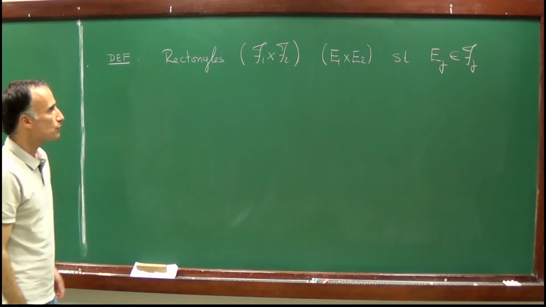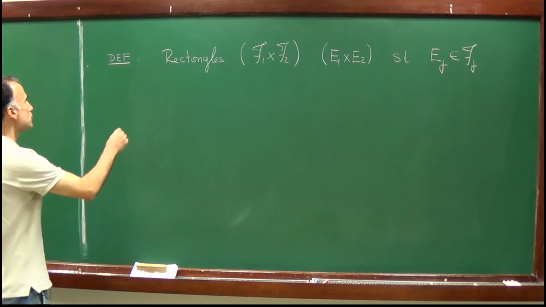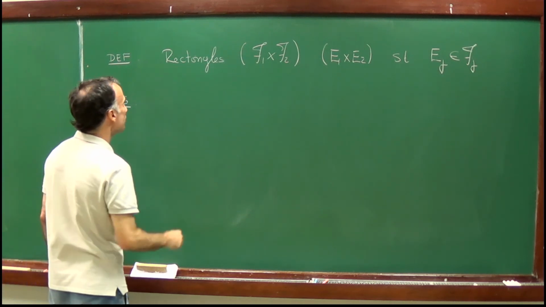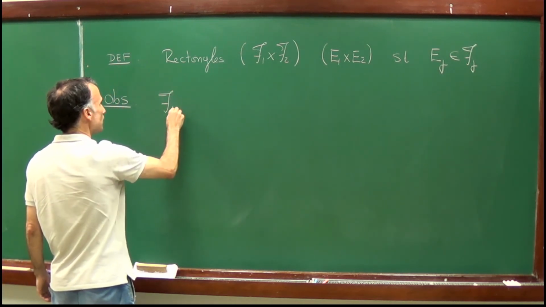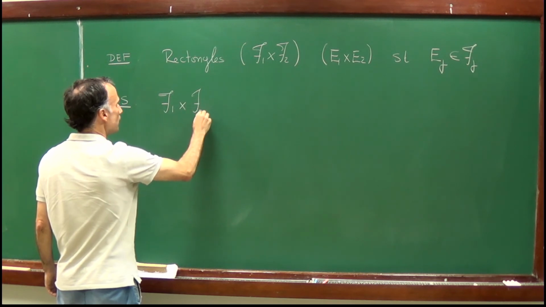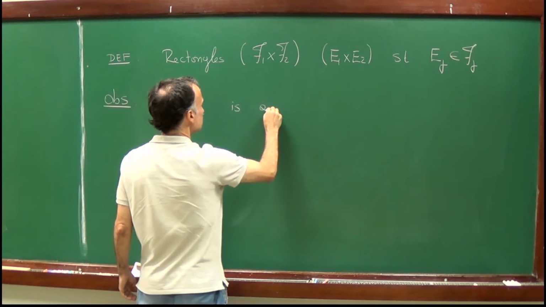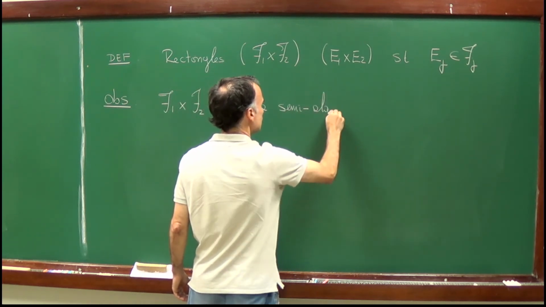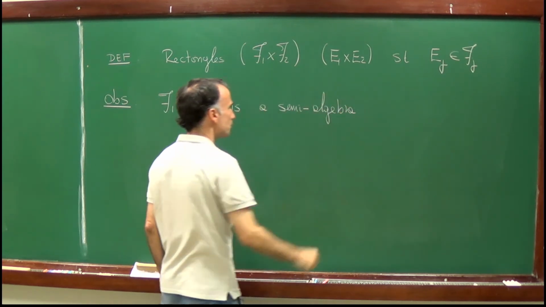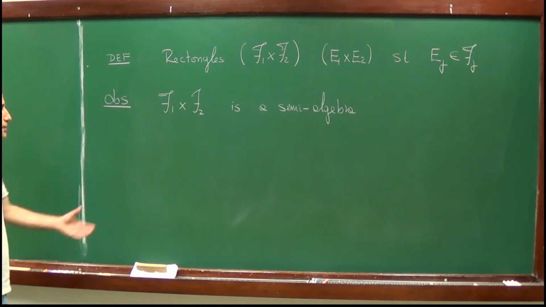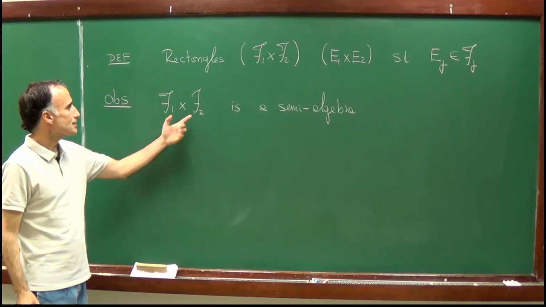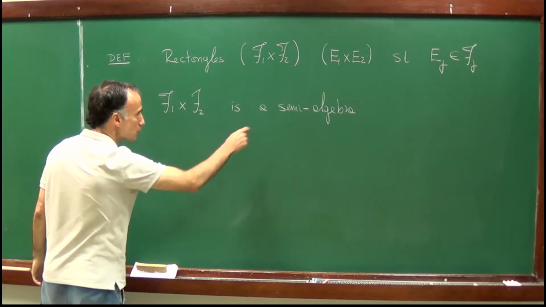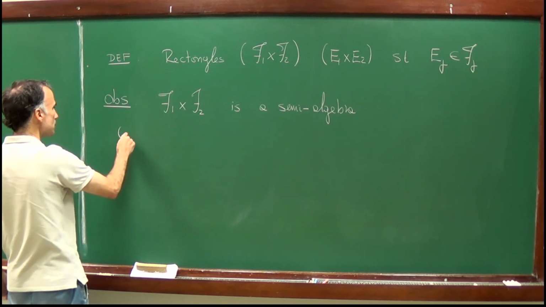So this is what I'm calling the rectangles, and the first observation is that the rectangles form a semi-algebra. So this is our starting point. This class of sets will be our starting point. And so let me show that indeed this class forms a semi-algebra.